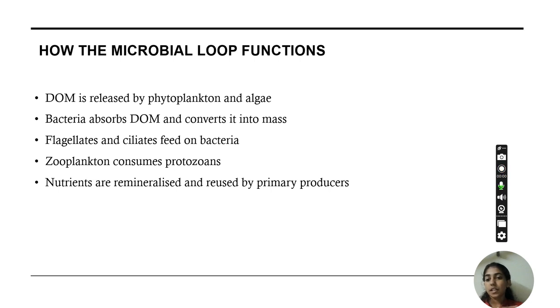Bacteria absorbs DOM and converts it into biomass. Flagellates and ciliates feed on bacteria, and then zooplankton consumes protozoans. And from these protozoans, nutrients are remineralized and reused by primary producers.